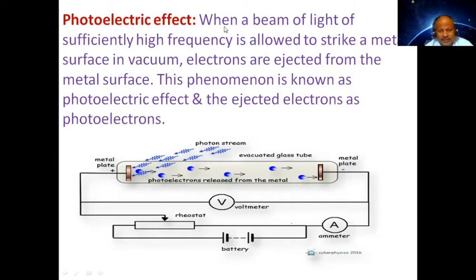When a beam of light, an ultraviolet light, a photon stream, of sufficiently high frequency is allowed to strike a metal surface in vacuum.